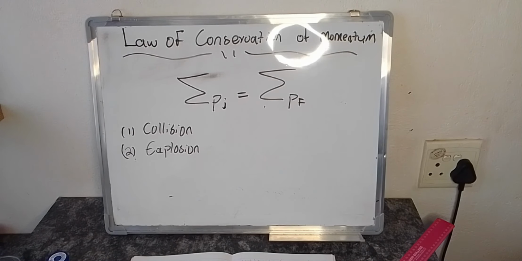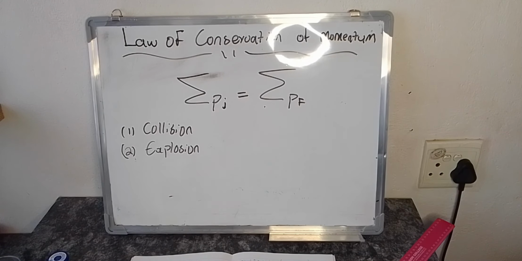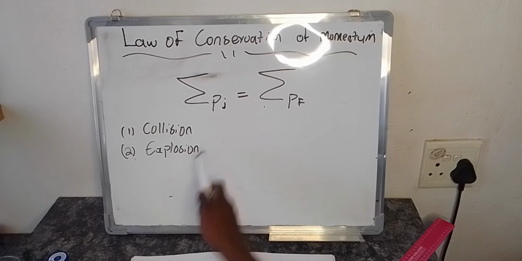We will practice the scenarios of these two things, which are collision and explosion. In the case of collision we apply this formula, and in the case of explosion we apply this formula.